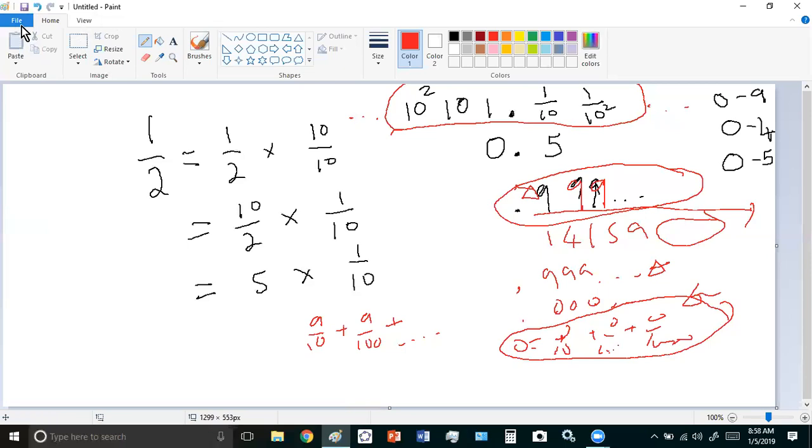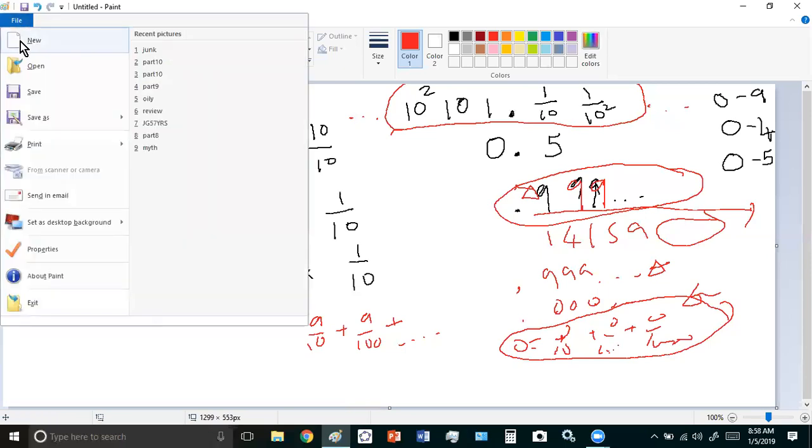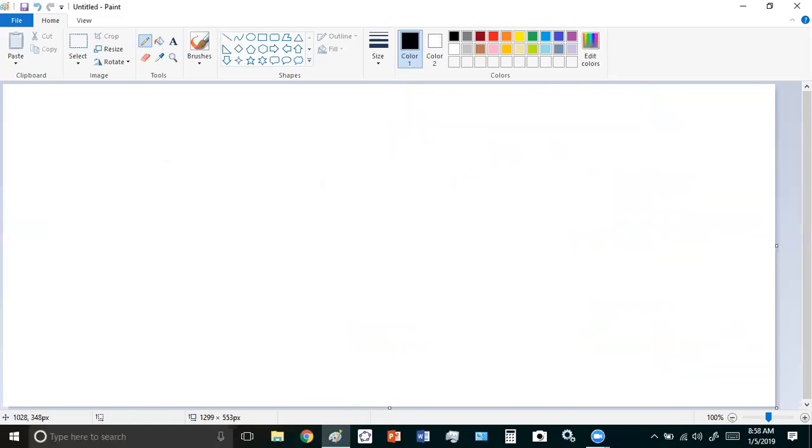So now what I've shown you here is a method. I'll show you one more example, okay? So let's look at the representation of 2/5 in base 10. Again, we multiply by 10 over 10, right?